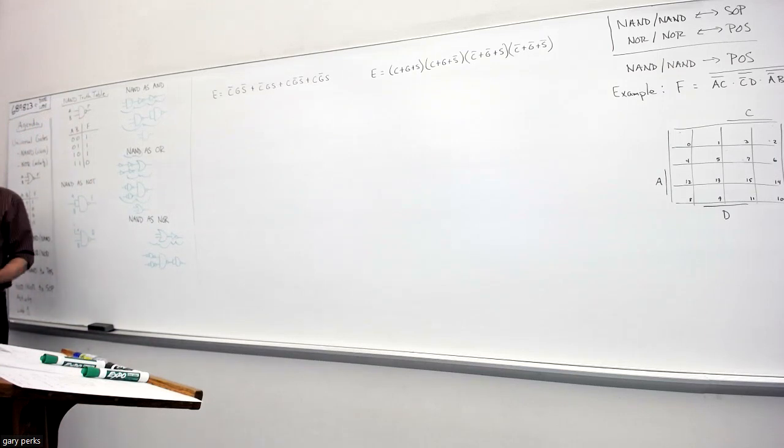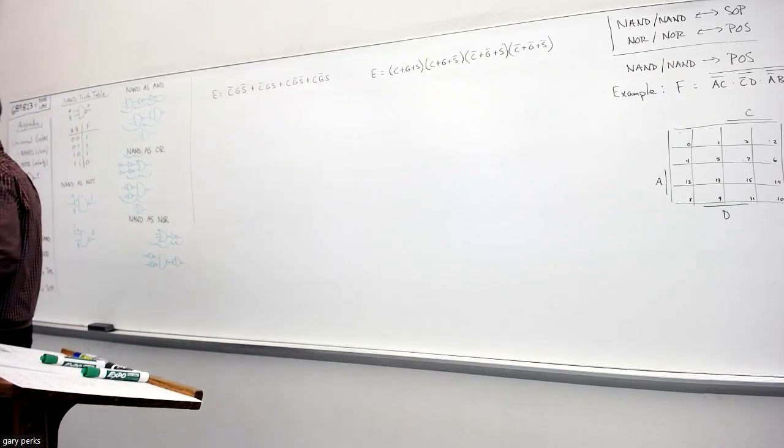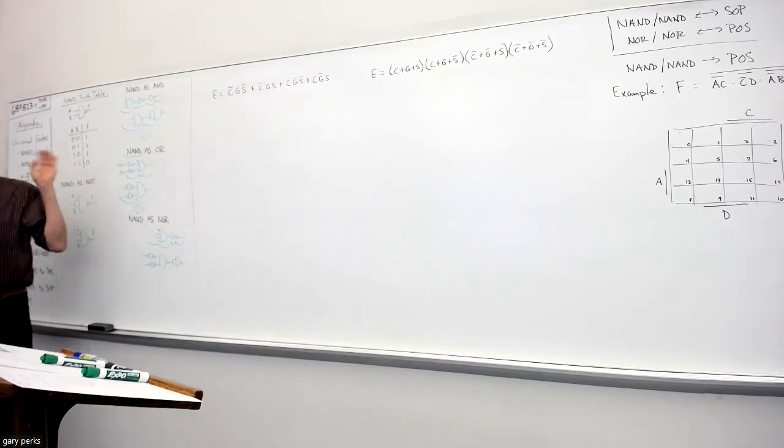Okay? Now, maybe what some of you are thinking, and this question came up around this point this morning, is basically, so what? Why would you want to do this, right? Because I thought we want to use the least number of gates.